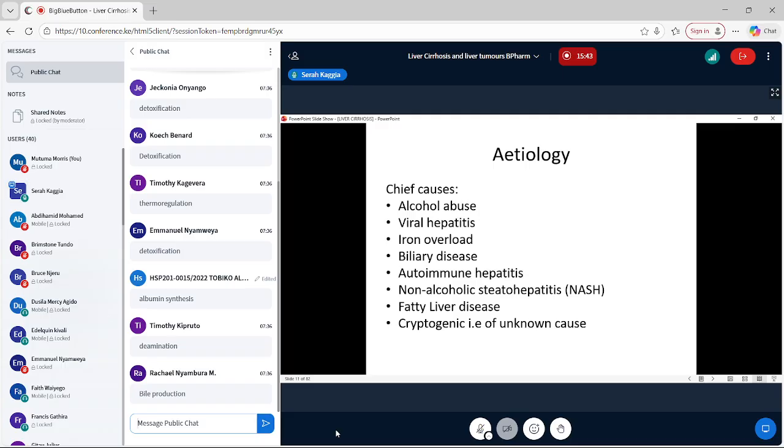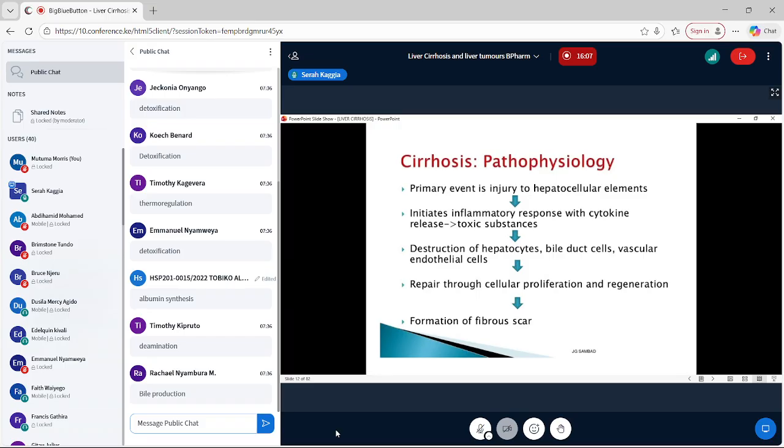And there's also some healing with fibrosis, so there's a fibrotic part in it. So that's the same story we are going to discuss today in liver cirrhosis: injuring the hepatocyte, inflammation as a reaction to the injury, and then healing with fibrosis, which is what liver cirrhosis is. And that's what I'm showing on this diagram.